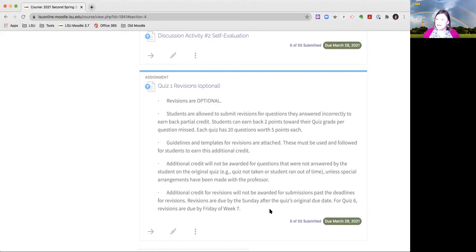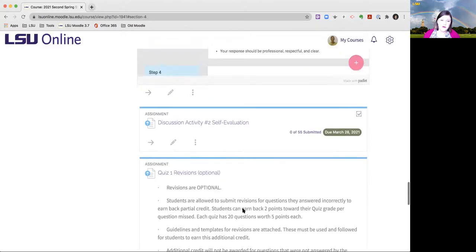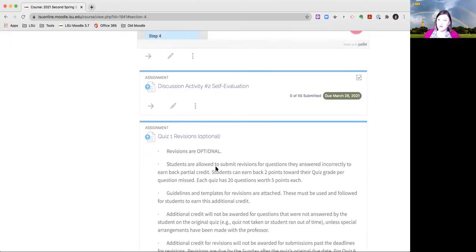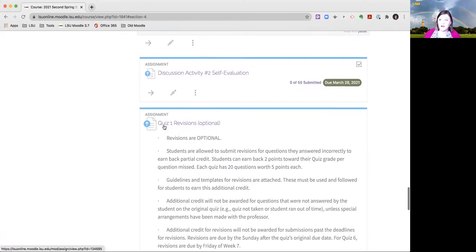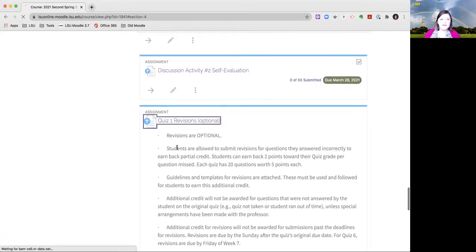We don't have a quiz 6 in this class, so this sentence does not apply. All of them are due on the Sunday after the original due date. So for quiz 1, these will be due on March 28th, which is when your module 2 assignments are due. So I'm going to go ahead and click on this so you can see the attachments.